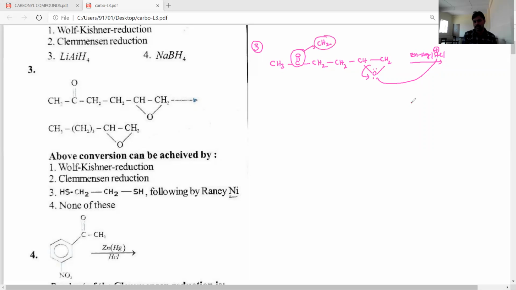Now the resultant product is CH3-CH2-CH2-CH2-CH2, followed by hydrolysis, then CHOH and CH2OH will form a diol.